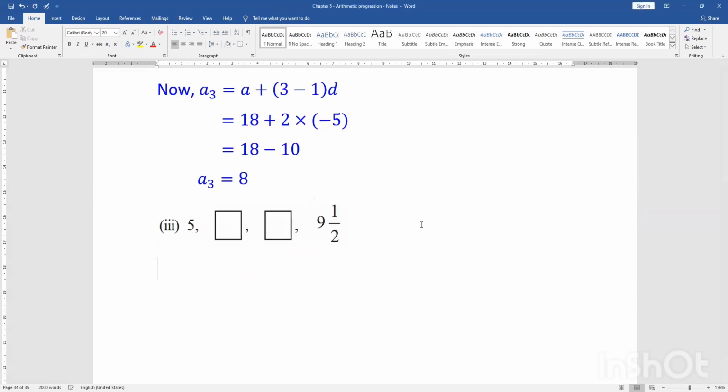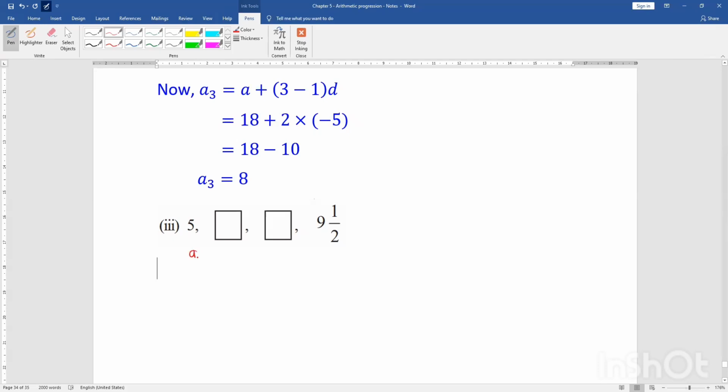I have 5, box, 9 1 by 2. Okay. So what is given? Let us write this down. Now here we have A1, A2, A3, and A4.